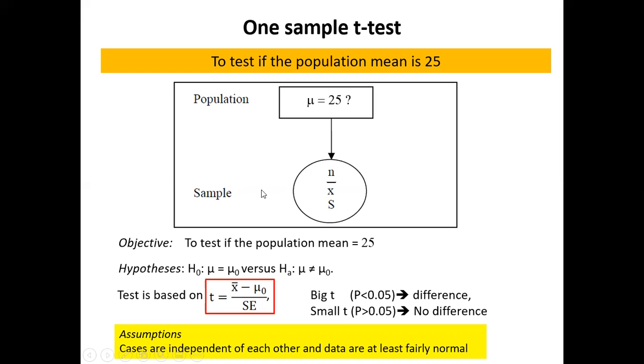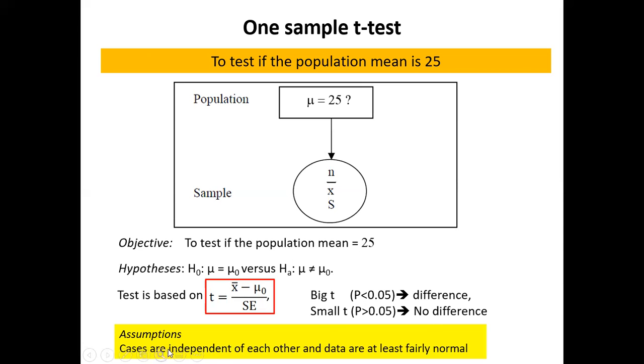You take a sample of size n, measure the mean, x bar is the mean, S is the standard deviation. You can write the objective or you can write the hypothesis. So that's the formula that holds. We're going to do some analysis. We observe the p-values and decide whether there is a difference or no difference, and make a statement.